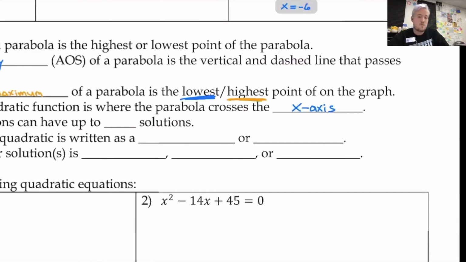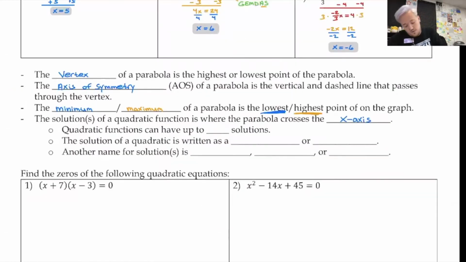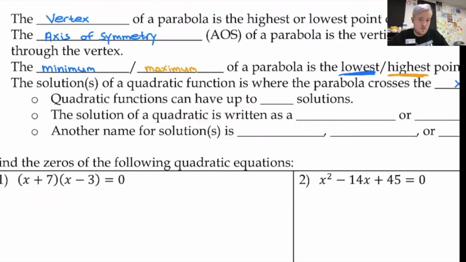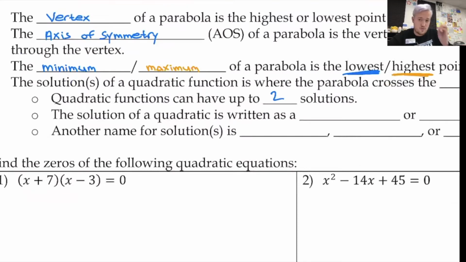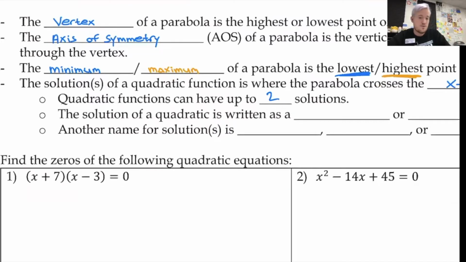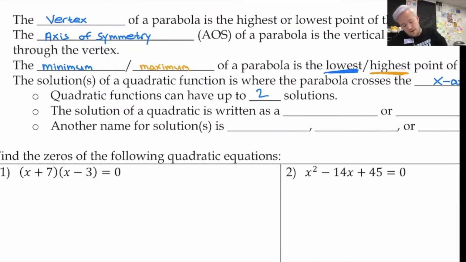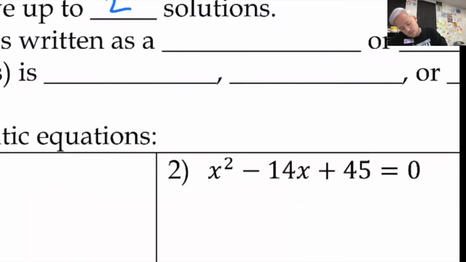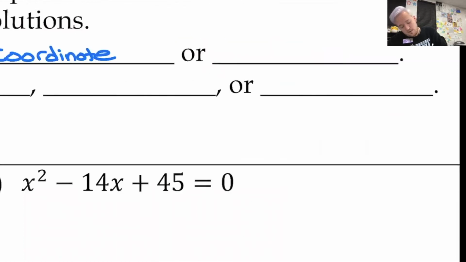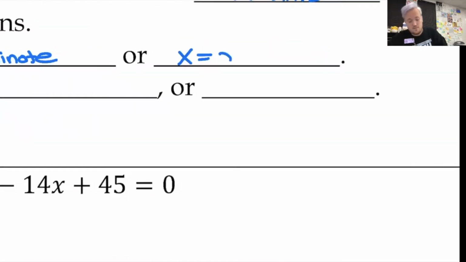Speaking of solutions, you can have up to exactly 2 solutions. You can have no real solution, which is 0 solutions, 1 solution, or 2 solutions. The solutions of a quadratic function are written either as a coordinate or as x equals some value.